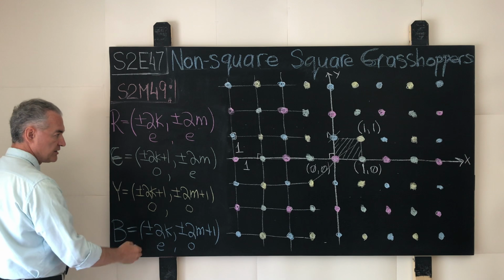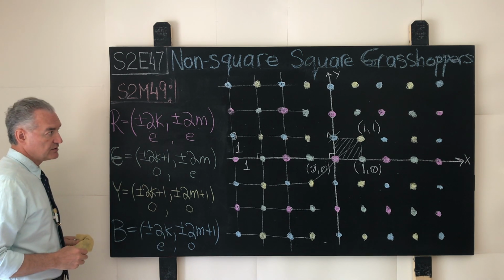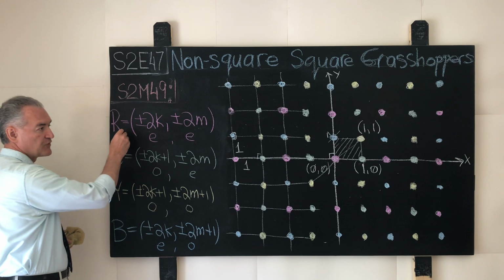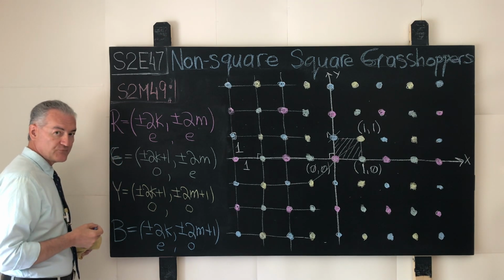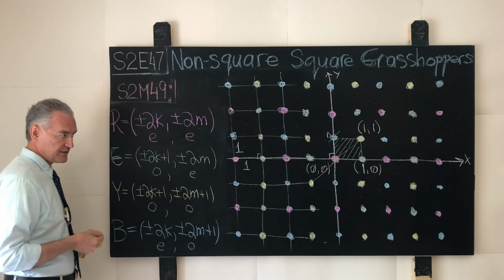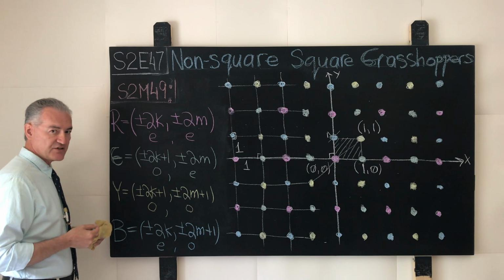Now look at this nice setup over here, and you guys tell me what is the next conclusion. So we know that the color of the point, or the color of the node of the corresponding orthogonal integer lattice assigned to each grasshopper, cannot change.